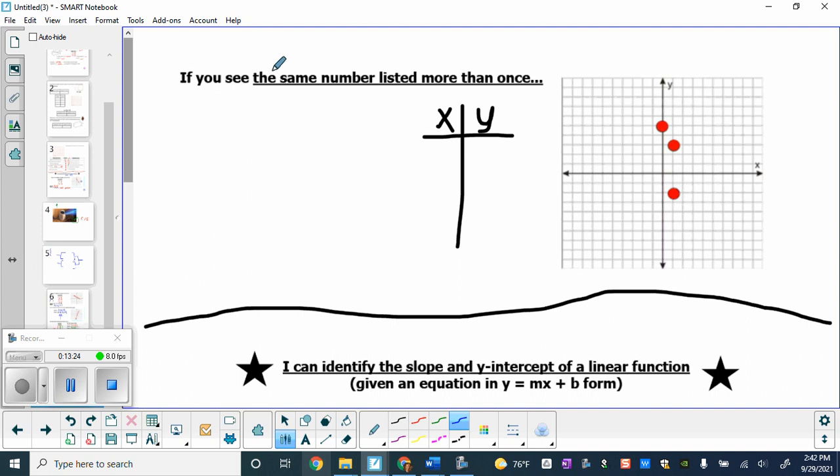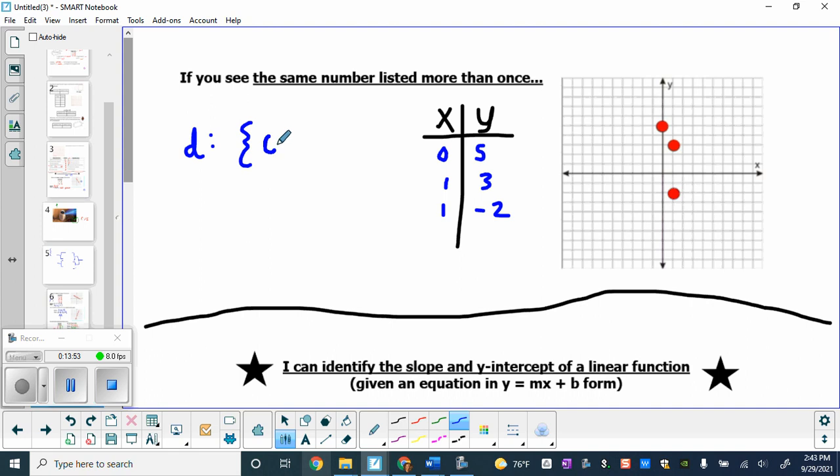But I want to talk about what happens real quick if you see the same number listed more than once. In this situation, my ordered pairs, I've got a 0, 5. I have a 1, 3. And then I have a 1, -2. So if you happen to see a number listed more than once like that, when you're giving me the domain, you only have to write it one time.